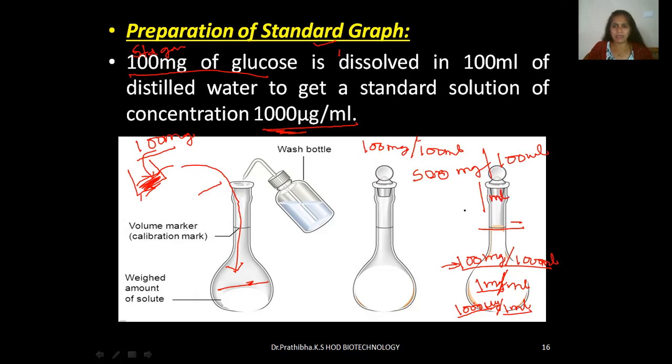Per ml you can see 5 mg. So convert this mg to microgram. 1 mg means 1000 microgram, so 5 mg means 5000 microgram per ml. Hope you understood. So here the standard glucose concentration is 1000 microgram per ml.